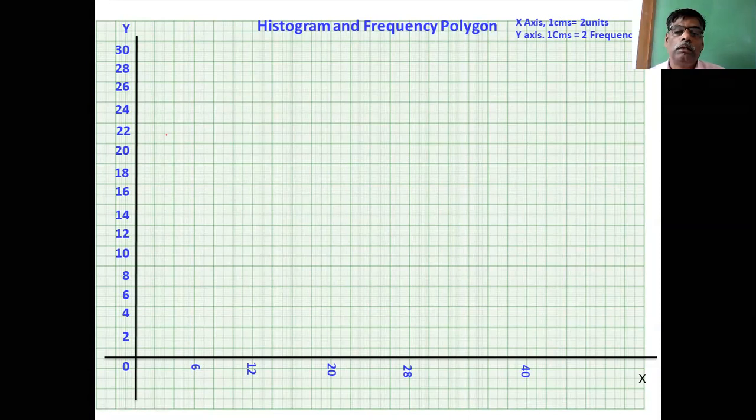Then 20 to 28 is again 8 units, which is 4 centimeters.